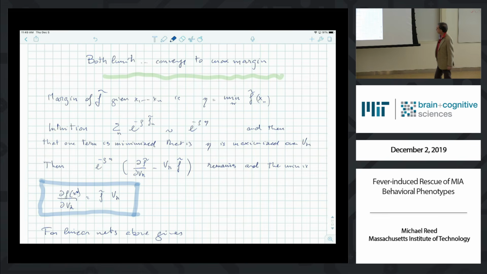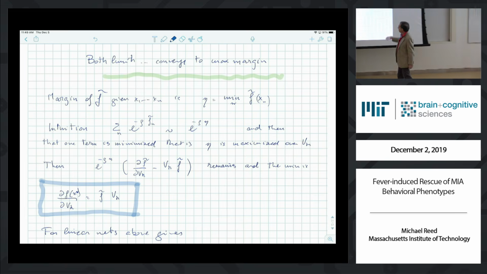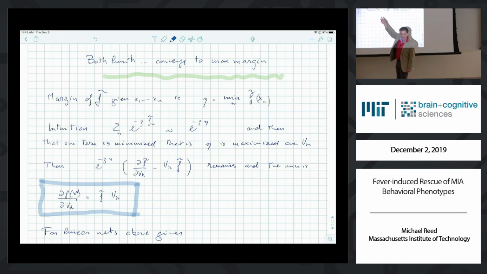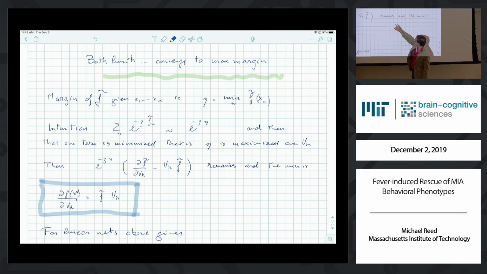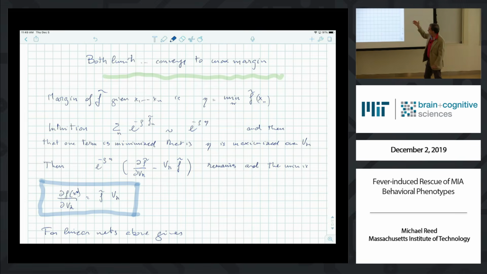And the intuition is that when you have rho going to infinity or time going to infinity, you have the sum of exponential rho f xn. They will go to 0 essentially, and the ones that go to 0 faster are the f tilde with the largest value.